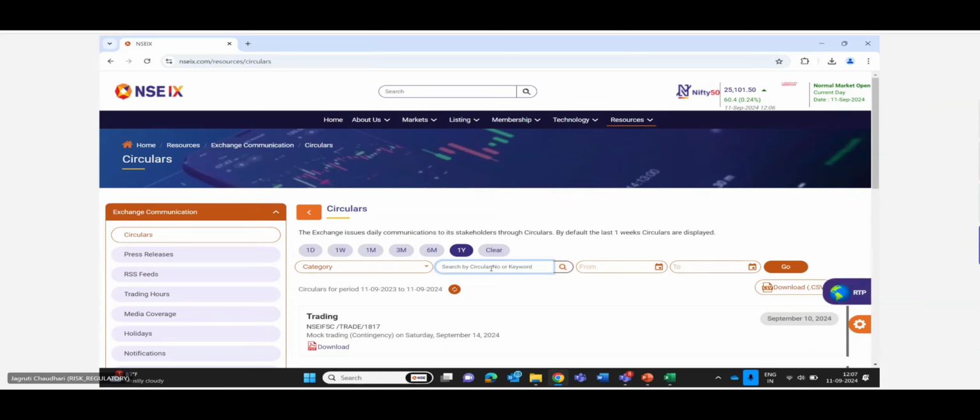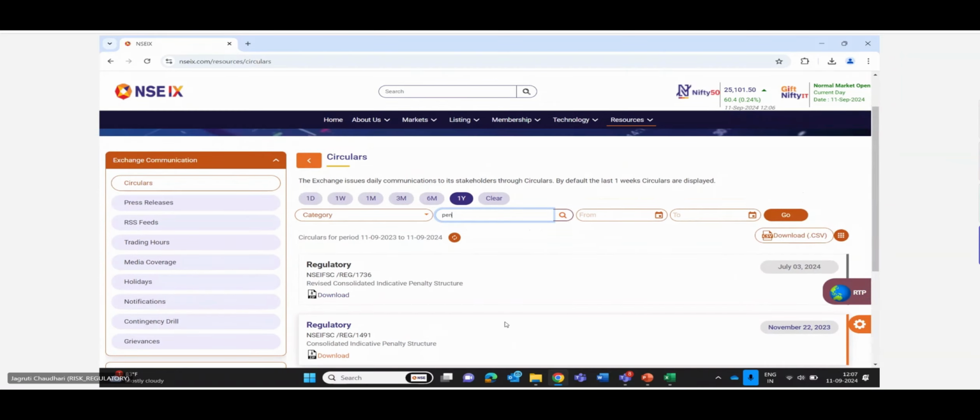So I just want to show you, at the end, this penalty. It is very important for all the members. I wanted to mention it at the start of the session also, because a lot of broker dealers or members are ignorant about the penalty structure. It is very important for us to comply, because any non-compliance will attract penalties.